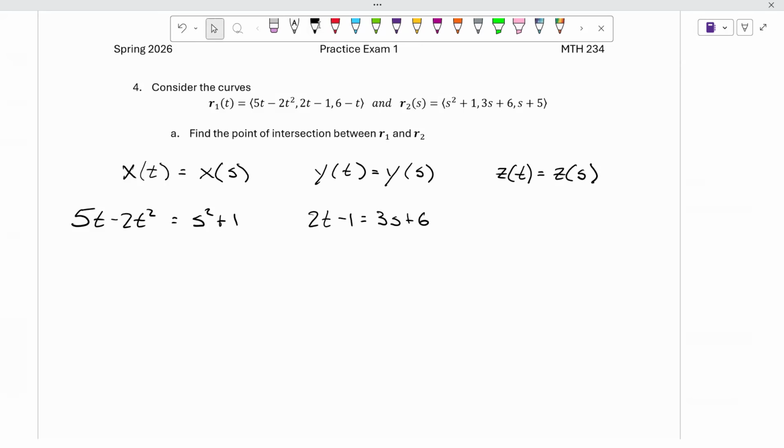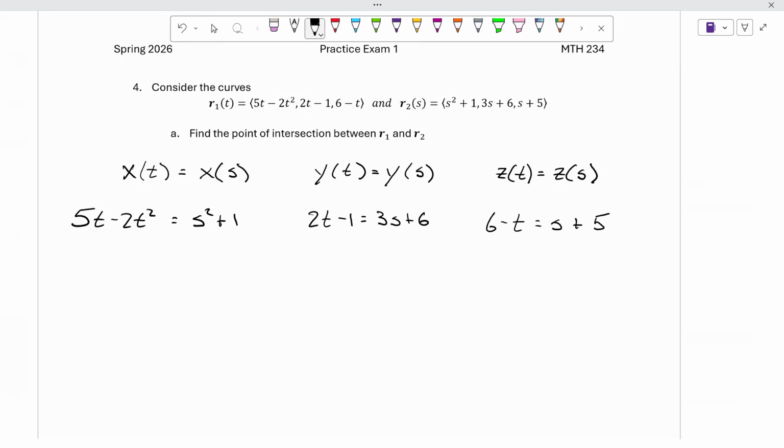And on the right side, 6 minus t is equal to s plus 5. And I need to solve this system of equations.